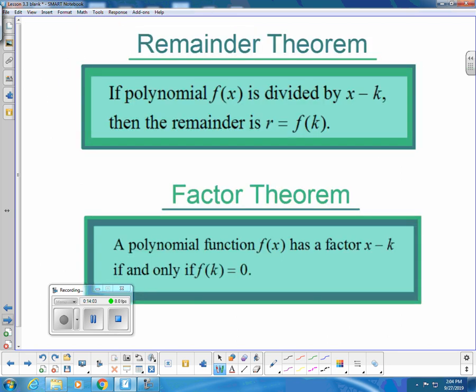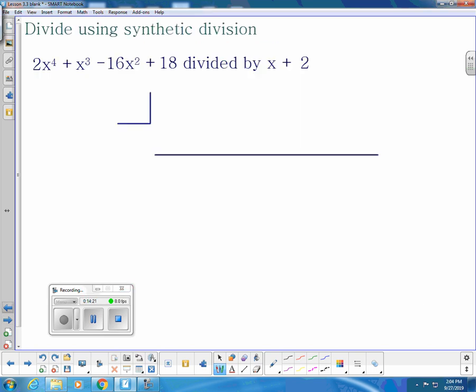Okay. So, remainder theorem. Basically, if you take your box number and you plug it into the original function you're dividing into, whatever answer you get out is going to be the remainder. So I'm just going to pop back to this one here. If I wanted to know the remainder without dividing, I would pop in -2, because my box number would be -2.